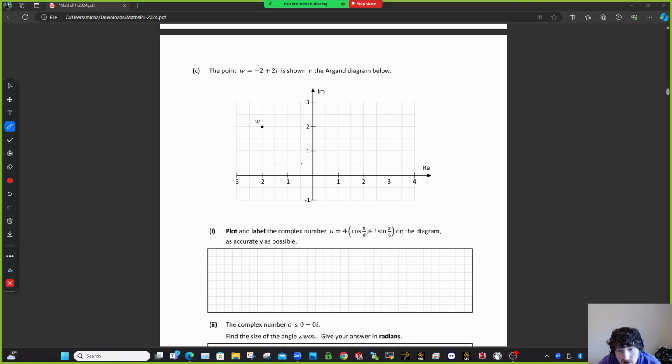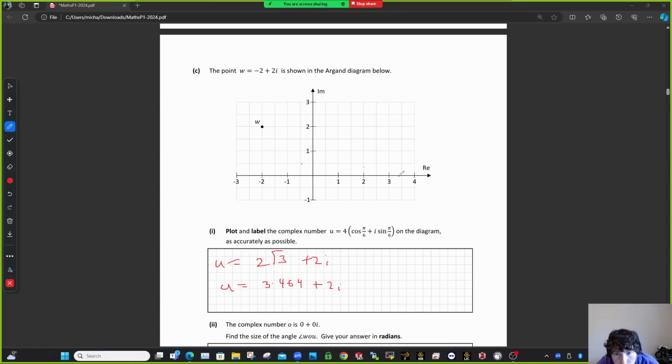Or you can multiply this out and write that u equals 2 root 3 plus 2i, and because you'll need the decimal for plotting it, that's about 3.5 plus 2i.